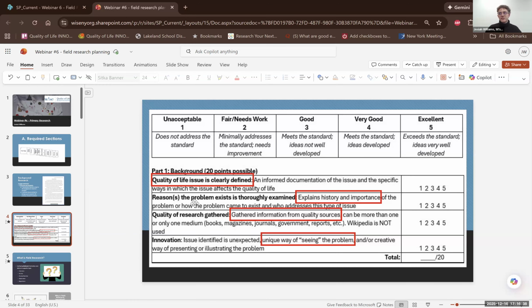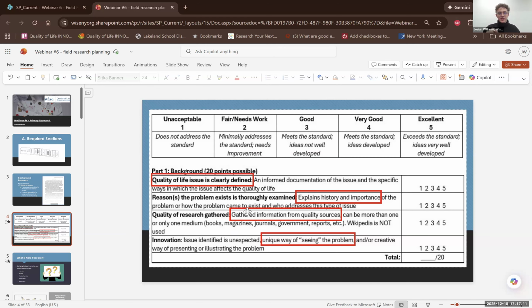Maybe for Parkinson's, to use that example, look at the genetic makeup, the brain chemistry, the different neural pathways affected in Parkinson's patients versus neurotypical patients, right? So you explain the history, the importance of the problem, how it came to exist. So maybe who was the first person to report Parkinson's? I feel like I should know that as a neuroscientist.